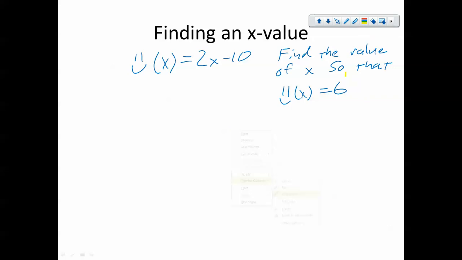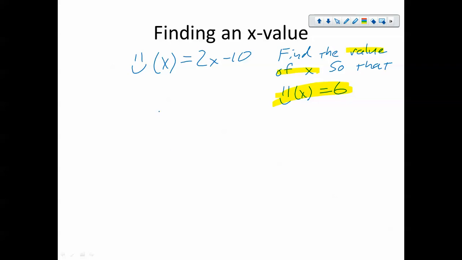This is saying find the value of x so that the function is 6. And last time we were given an x value and told to find the function value. But this time we're being told find the x, and we're being given a function value. Notice that we're being told that smiley face of x equals 6.